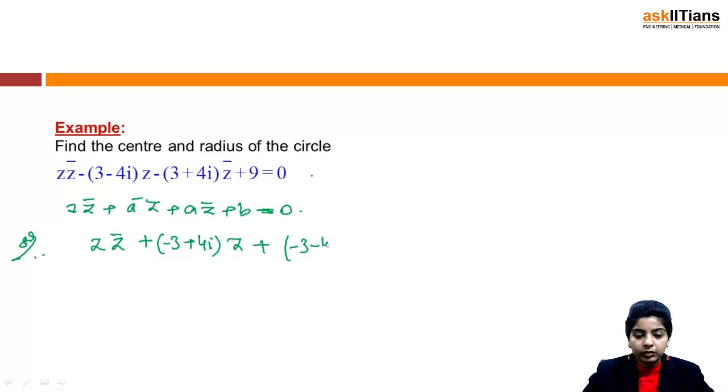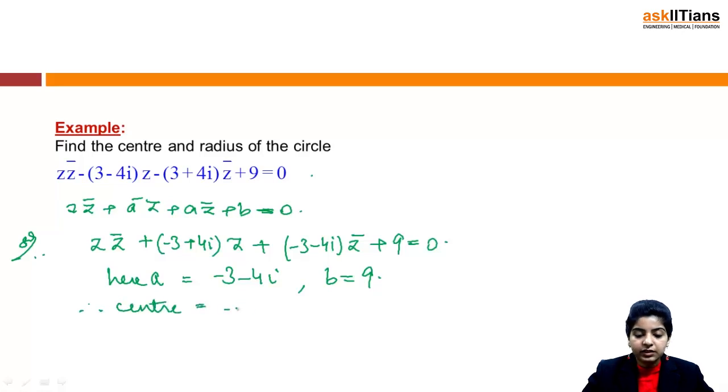So this will become (-3 - 4i)z̄ + 9 = 0. From here only you can deduce these values: a, the coefficient of z̄, is -3 - 4i and b is 9, and therefore the center is -a, which is 3 + 4i.